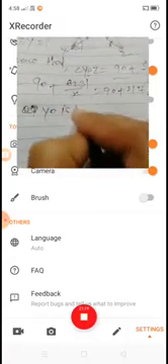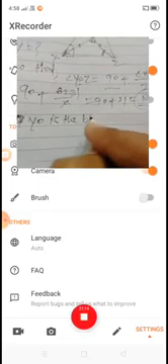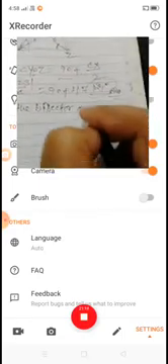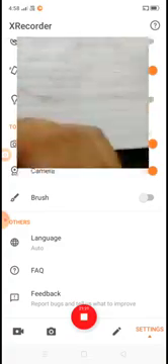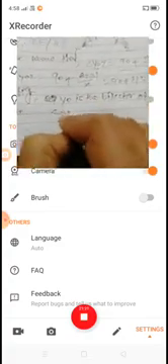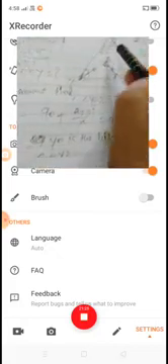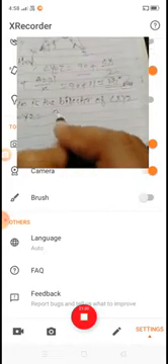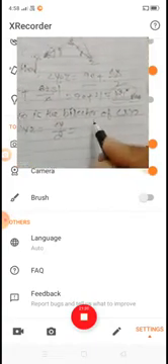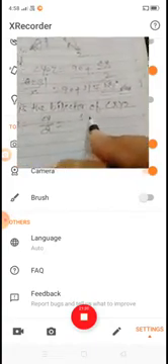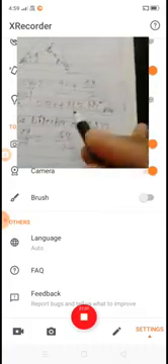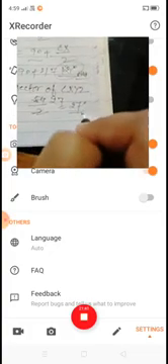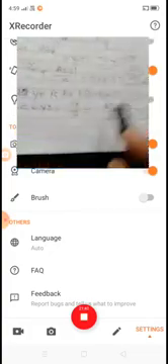YO is the bisector of angle XYZ, so angle OYZ is equal to angle Y by 2, that is 54 upon 2, that is 27 degrees.